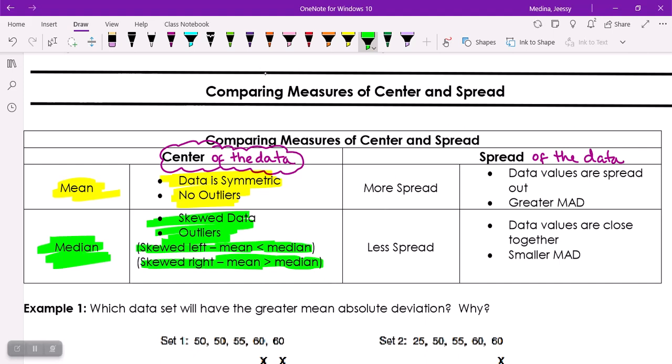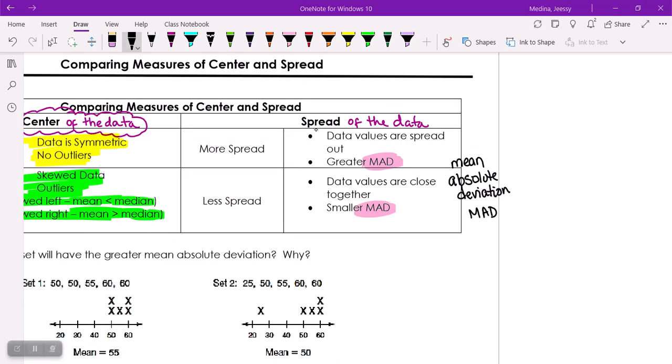Okay, good. Now, if we're comparing the spread, we're going to look at the MAD, okay? When we're comparing how spread out the data is, we're looking at the mean absolute deviation. If your data is spread out, then you're going to have a greater mean absolute deviation.